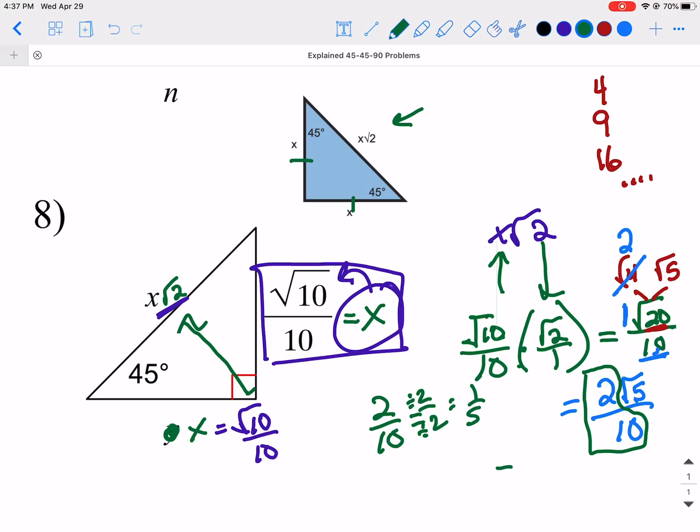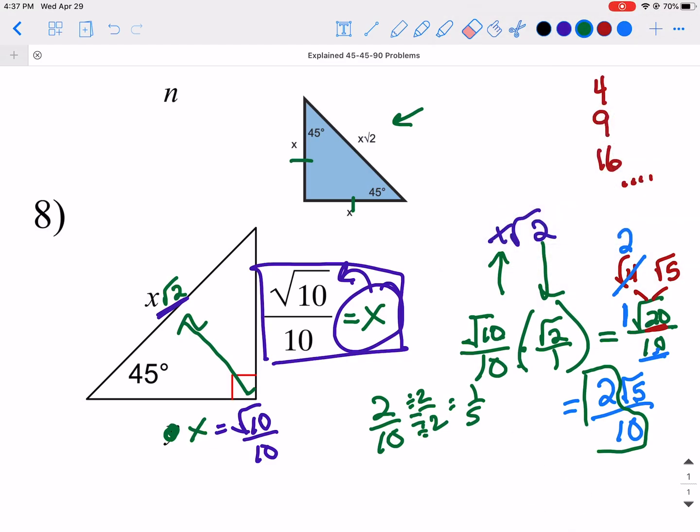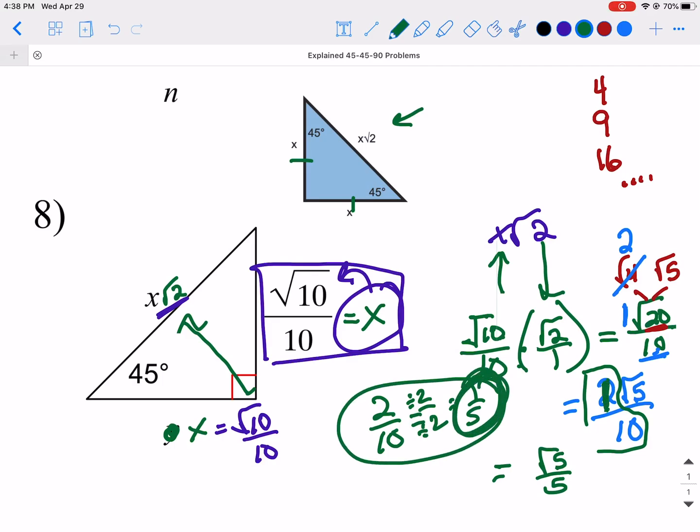So this simplifies more to 1 radical 5 over 5. Now remember, I don't need that 1 right there. Didn't mean to erase it all, but I had a big eraser. So this would equal radical 5 over 5, because 2/10 reduces to 1/5. So this is a 1 and this is a 5.